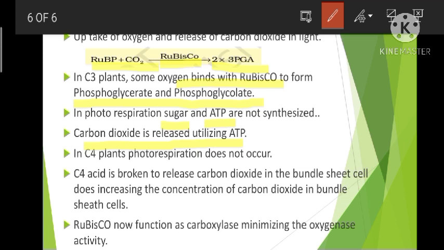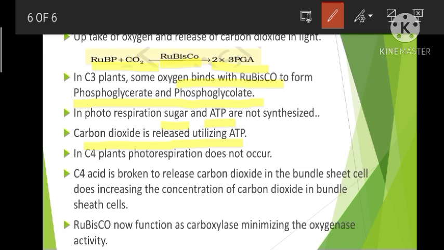In C3 plants, it is present in the mesophyll cell, which can be easily exposed to oxygen. But here the mesophyll cell, present towards the outer surface next to the epidermis, does not have the Rubisco enzyme. So Rubisco cannot act as oxygenase when the oxygen concentration increases, because it is present in a protected region, that is the bundle sheath cell.